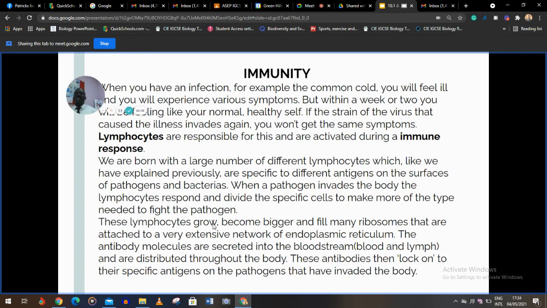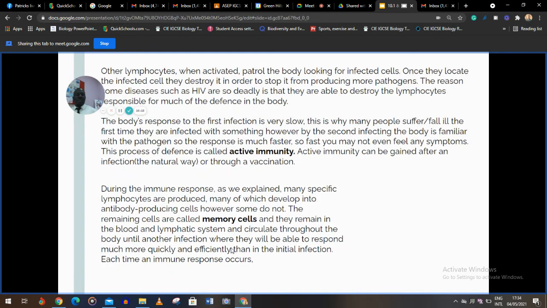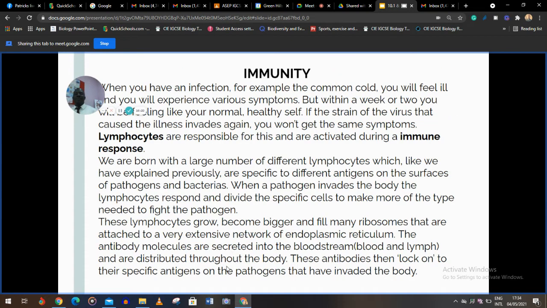These lymphocytes grow, become bigger, and fill with many ribosomes that are attached to a very extensive network of endoplasmic reticulum. The antibody molecules are secreted into the bloodstream and lymph and are distributed throughout the body. These antibodies then lock onto their specific antigens on the pathogens that have invaded the body.